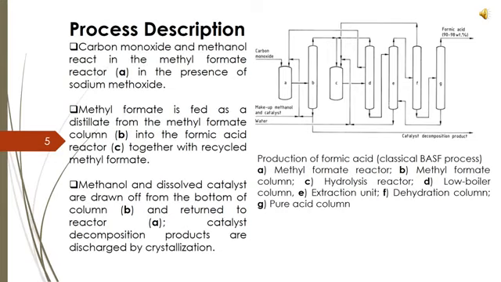But now, as we are seeing, the hydrolysis reactor is C and methyl formate is fed into C, but methanol or dissolved catalysts are drawn from B and returned to A, and the catalyst decomposition products are discharged.